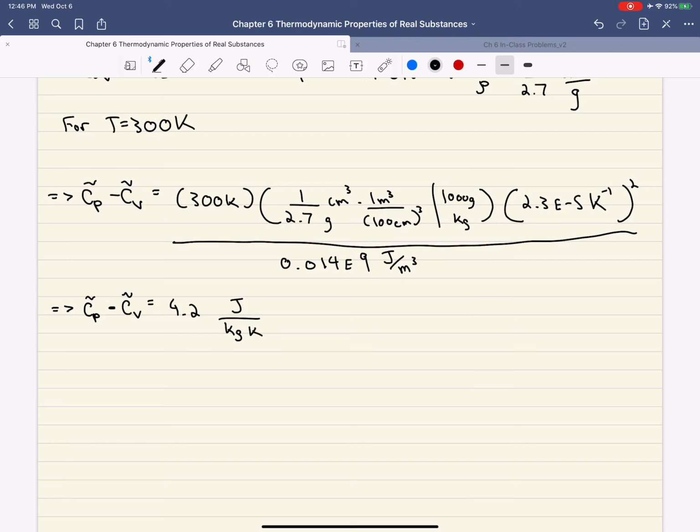Okay? So that's the value for Cp minus Cv.